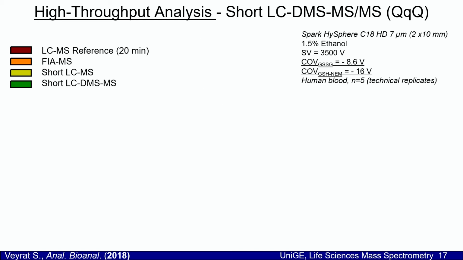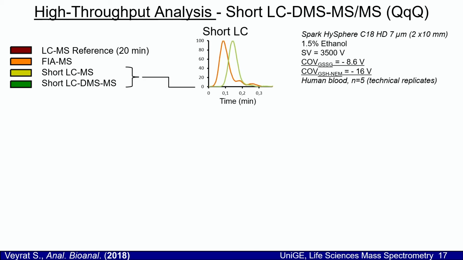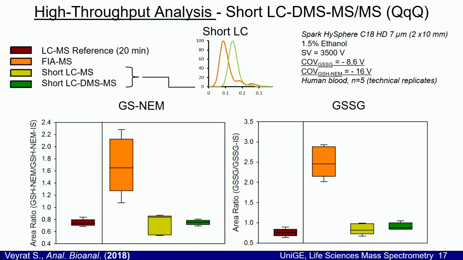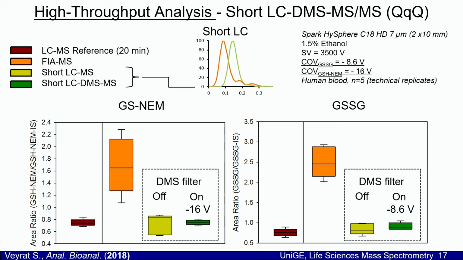This short method was less than 1 minute, and here you can see the performance. Here is the reference method. Here is flow injection, because obviously it doesn't have any pre-separation, high variability is expected. And then with DMS filter off or on, you achieve better performance for quantification.